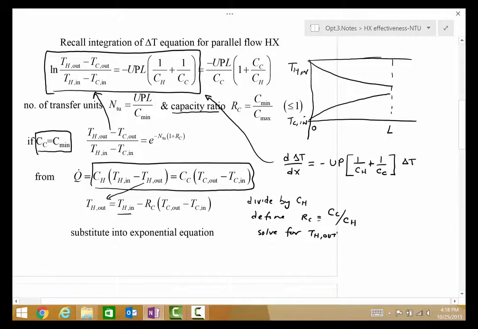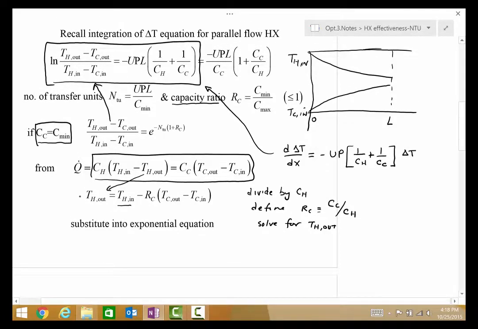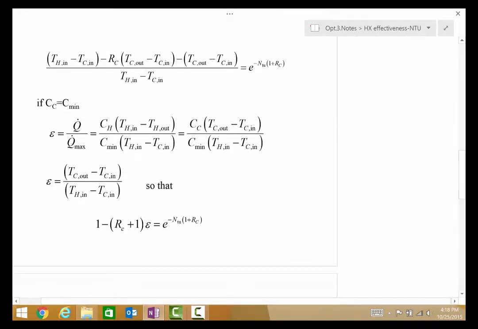If we substitute this into the exponential equation, and by exponential equation I mean this, then we get THin minus TCin. We introduce this minus TCin plus TCin just to simplify the analysis. So we haven't added anything, because we subtract it and add it into this equation.